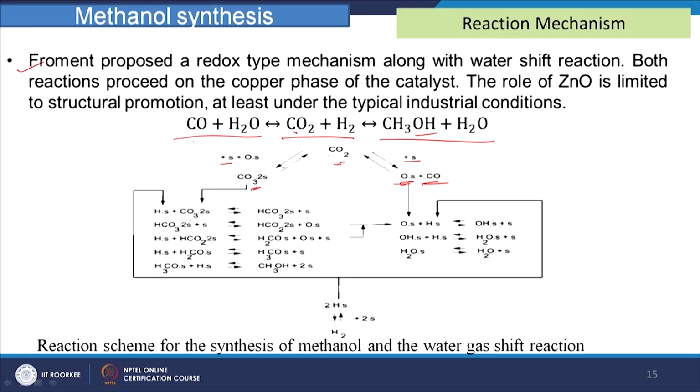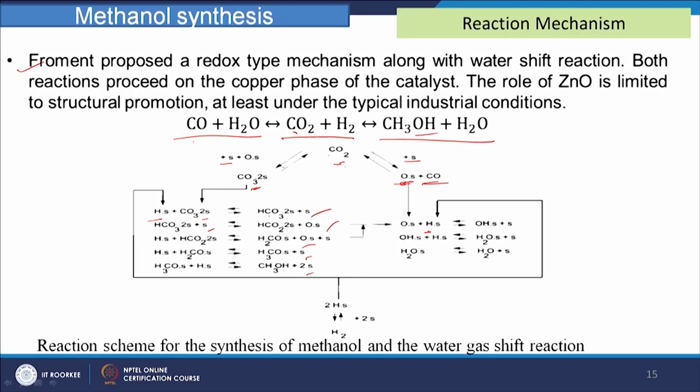Then CO3·2S, some HS may combine and give this one. Further this can combine with another S and then give this one. So, that way different types of intermediate products are formed, and here also we can get OS, which can react with HS, another site containing hydrogen.